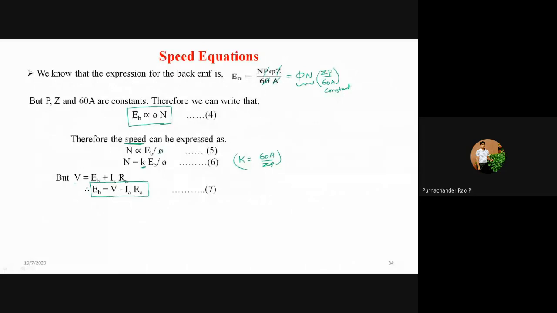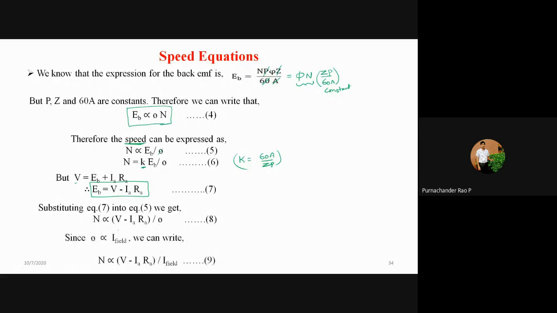This is equation number 7. Now we substitute this Eb in the proportionality equation 5, which gives N proportional to V minus Ia Ra divided by phi.